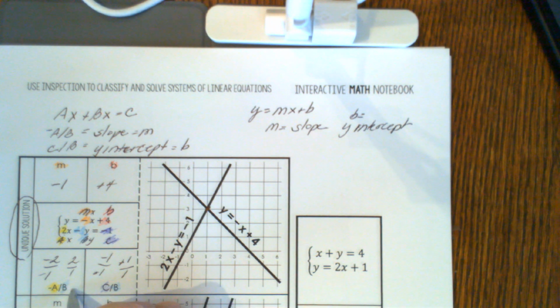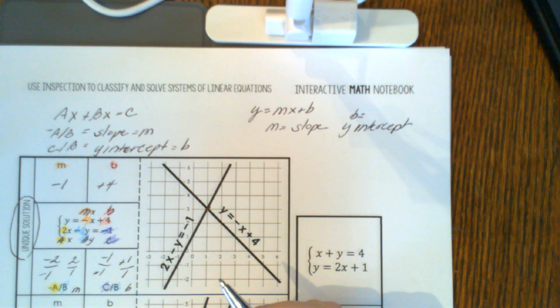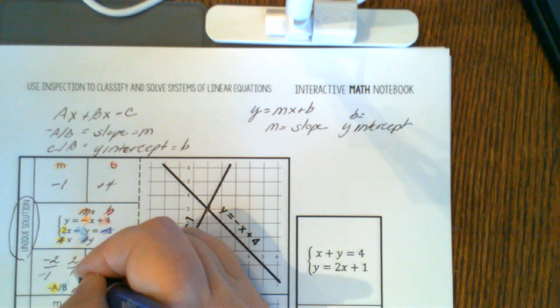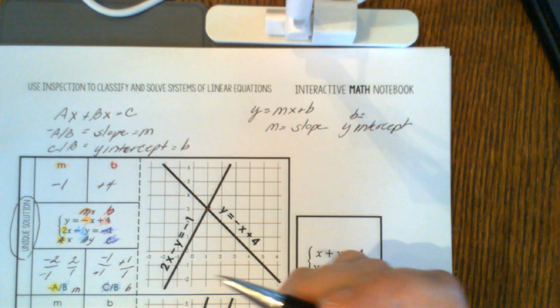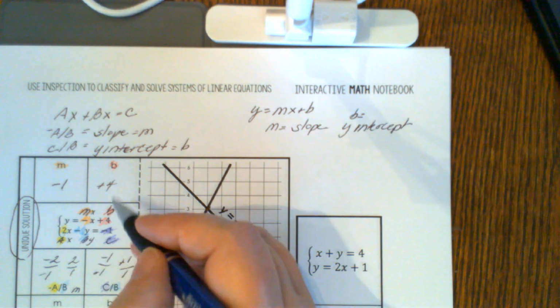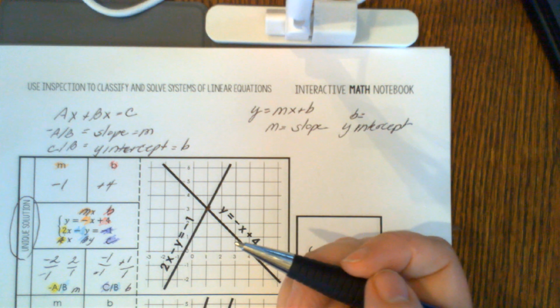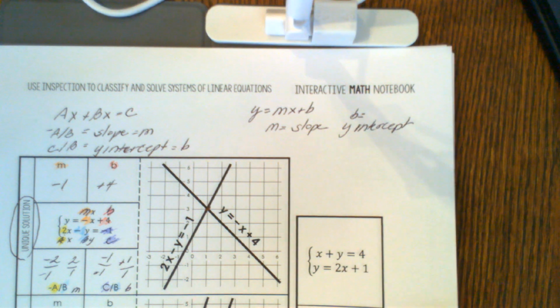So remember, this is the slope, and this is the y-intercept. That's how we know these are opposite. They're not the same, and the y-intercepts are not the same. Okay? Then we're going to do the next one.